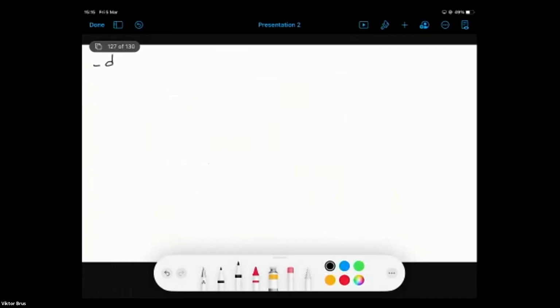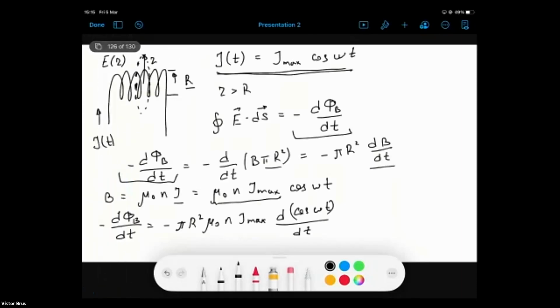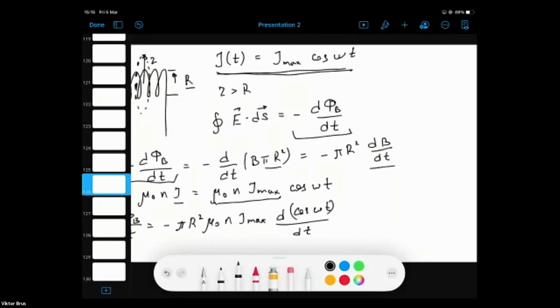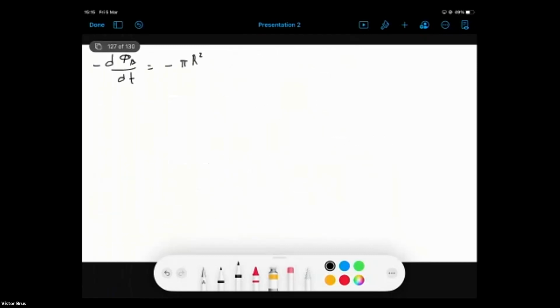So it will be d phi B over dt equal to minus pi r squared mu naught n I maximum d cosinus omega t over dt.